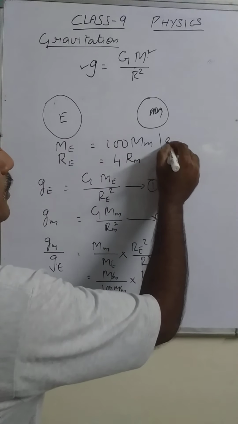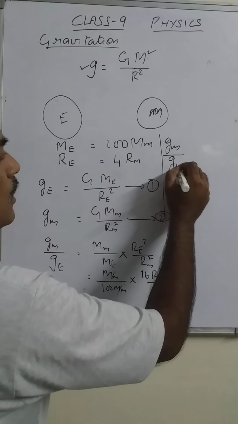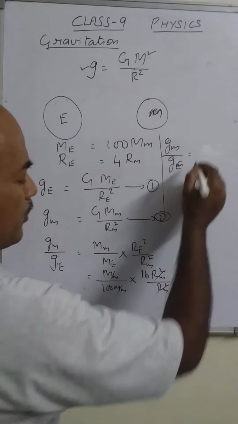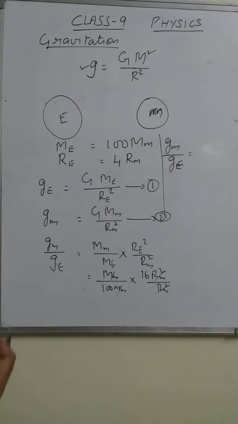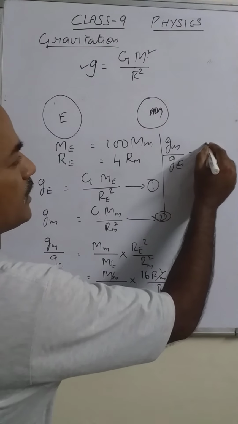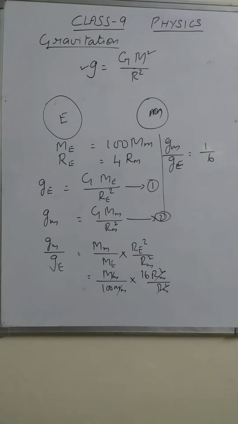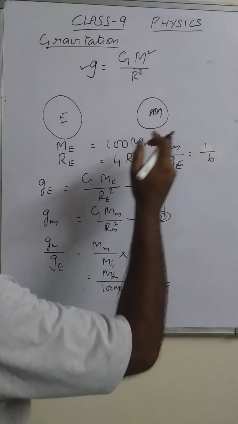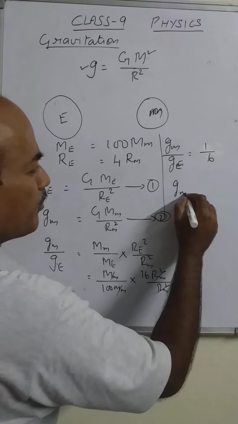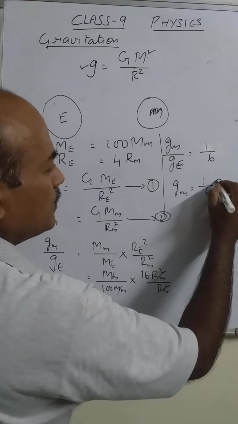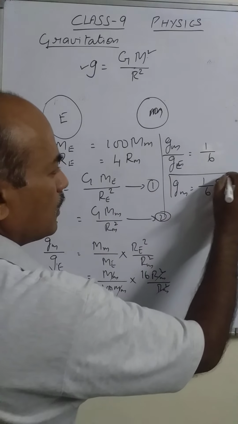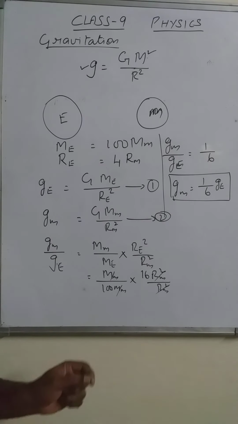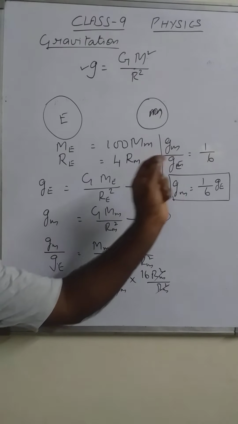So the acceleration due to gravity on the moon to the acceleration due to gravity on the earth equals 16 upon 100, and it comes approximately equal to 1 by 6. Approximately, not exactly; it will be some decimal, but we take just the whole number. So Gm is equal to 1 upon 6 Ge, which means the acceleration due to gravity on the moon surface is 1/6 of the acceleration due to gravity on the earth surface.